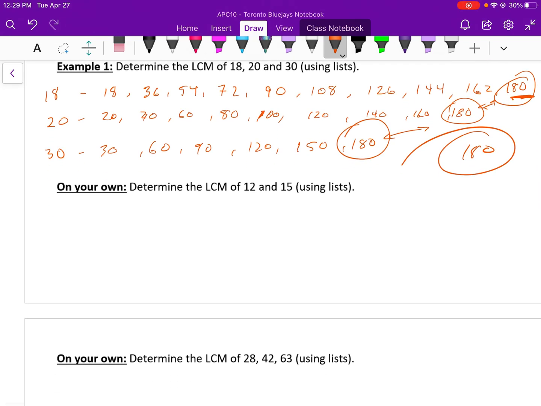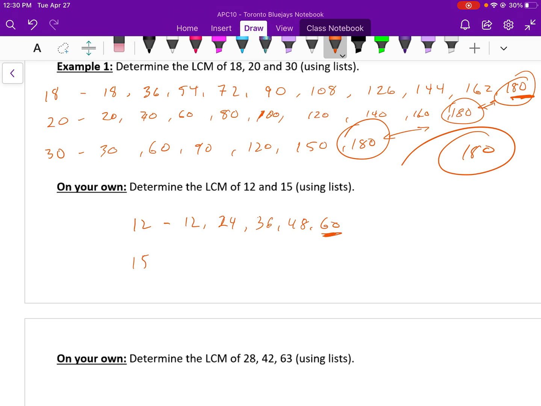Regardless, I'm going to do the lowest common multiple of 12 and 15. I'm okay with this, and I'm pretty sure I can guess it right away, but I'll still go. So multiples of 12: 12, 24, 36, 48, and 60.